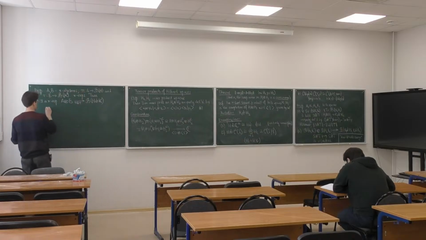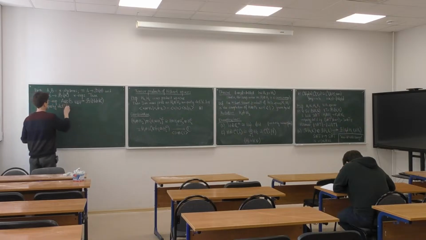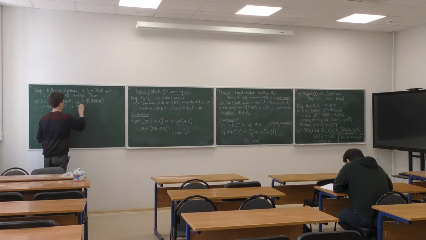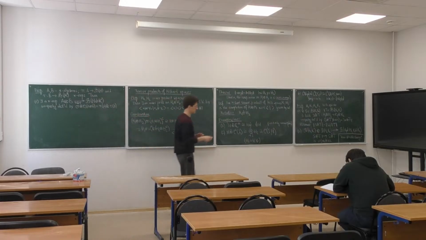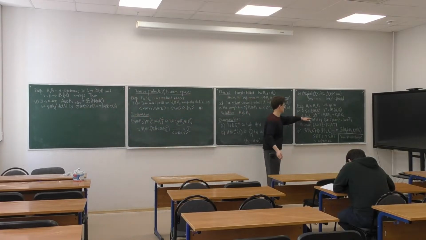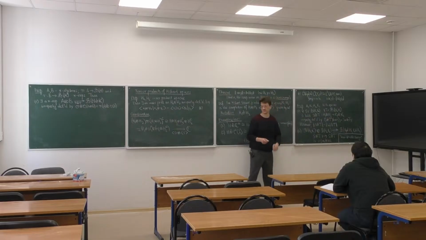And this representation is uniquely determined by the following formula. It takes every elementary tensor A ⊗ B to the operator π(A) ⊗ τ(B). This operator exists by part one of this proposition.